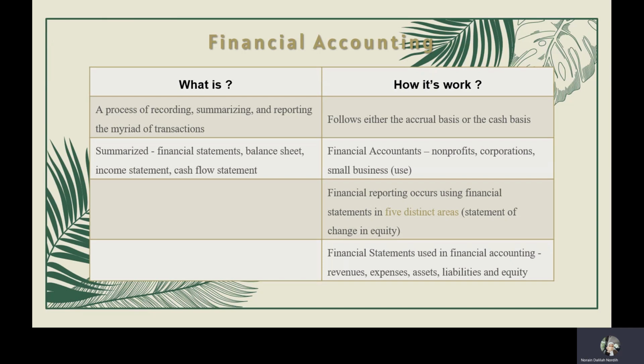The first is financial statements, second is balance sheet, third is income statement, fourth is cash flow statement, and the last one is statement of changes in equity. And the financial statements used in financial accounting are revenues, expenses, assets, liabilities, and equities.